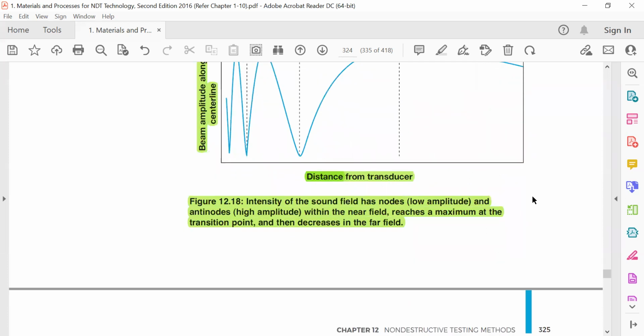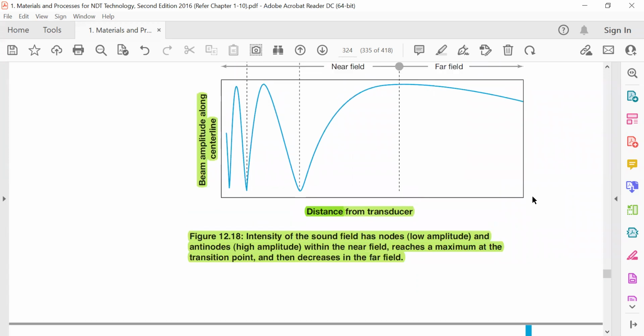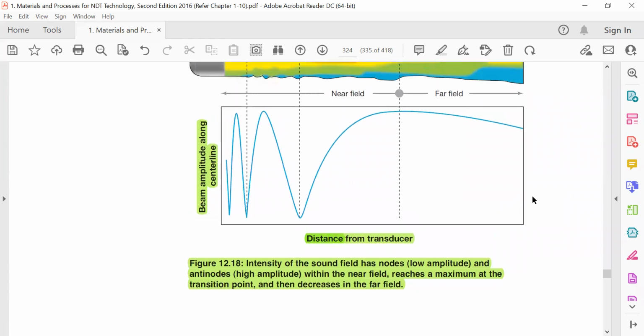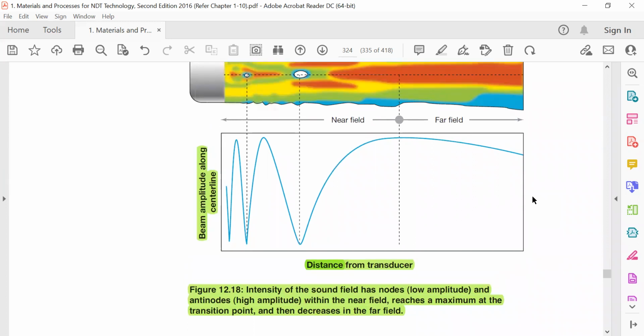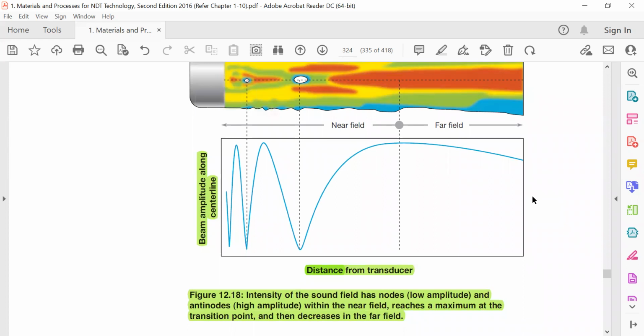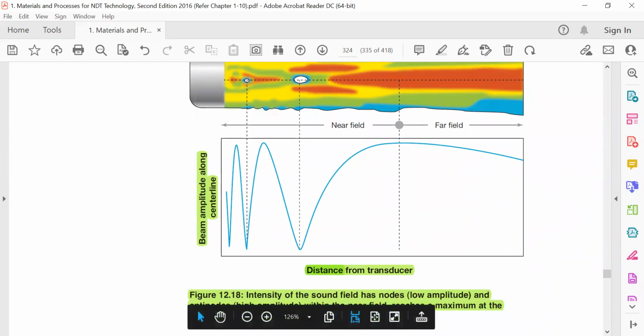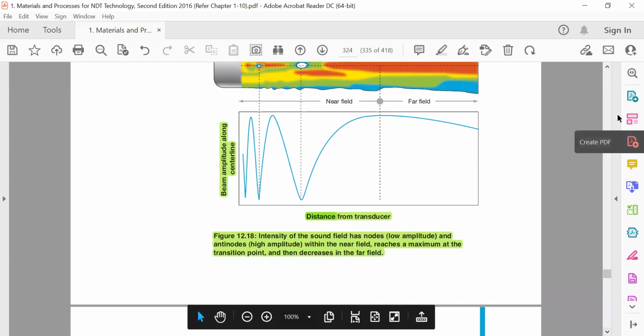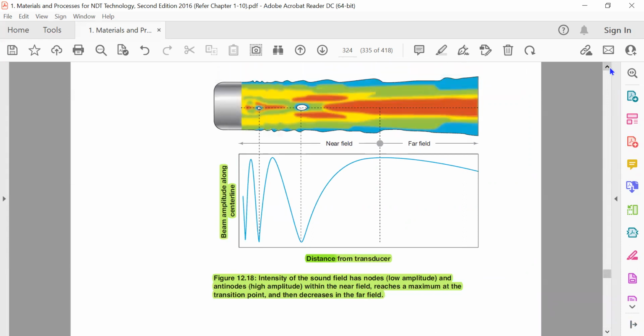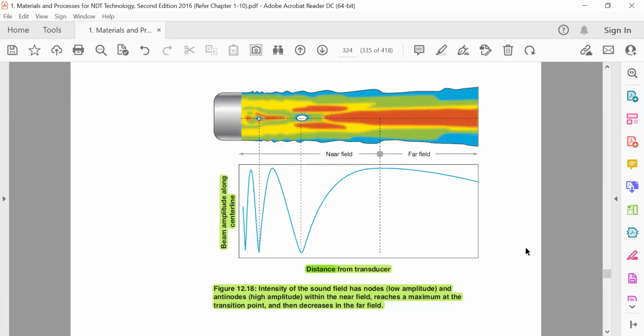The intensity of the sound field has nodes, low amplitude, and antinodes, high amplitude, within the near field.